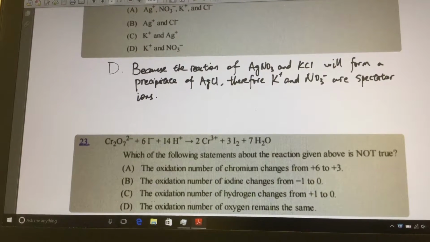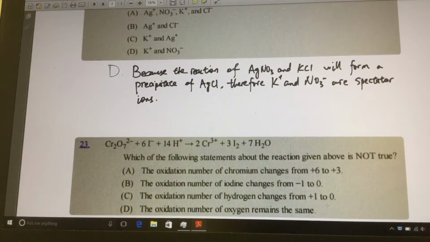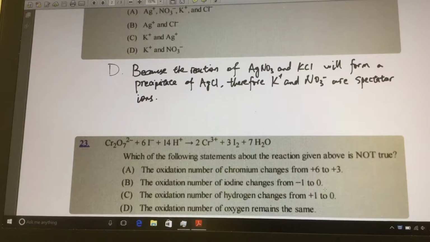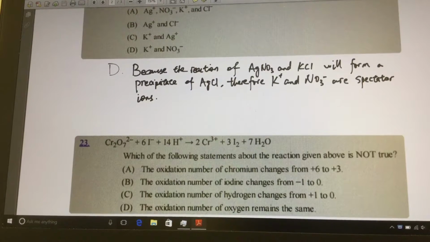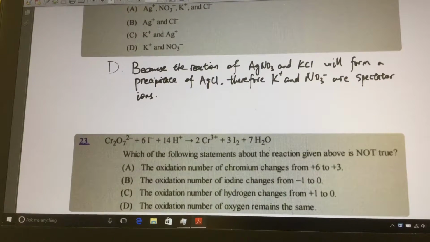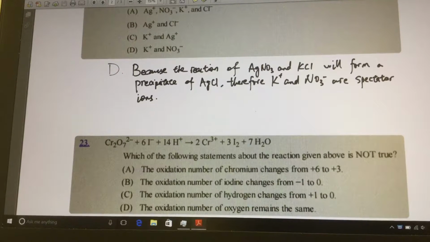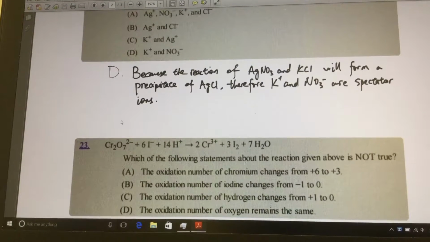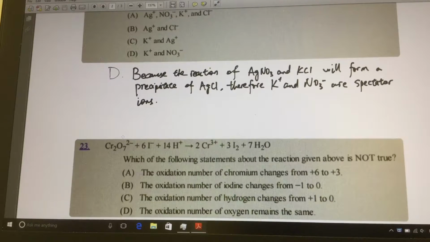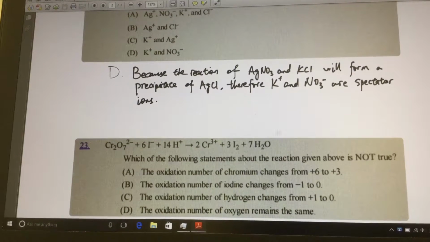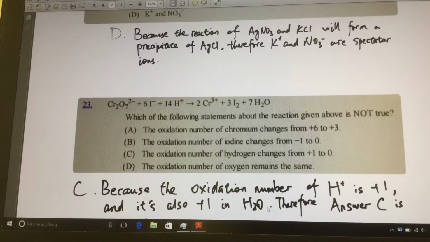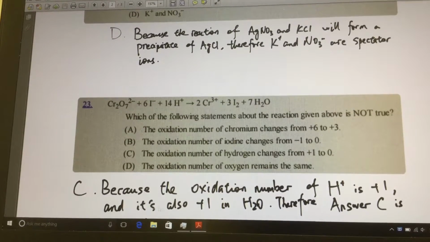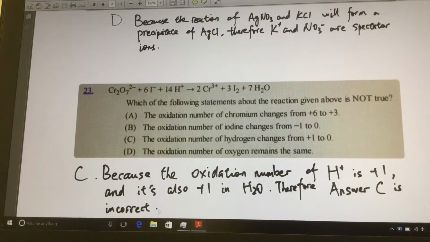C, the oxidation number of hydrogen changes from +1 to 0. Here on the reactant side it is +1, and on the product side it is also +1. So therefore the answer C is incorrect. And D, the oxidation number of oxygen remains the same. Here it is 2-, and here it is also 2-, so D is correct.